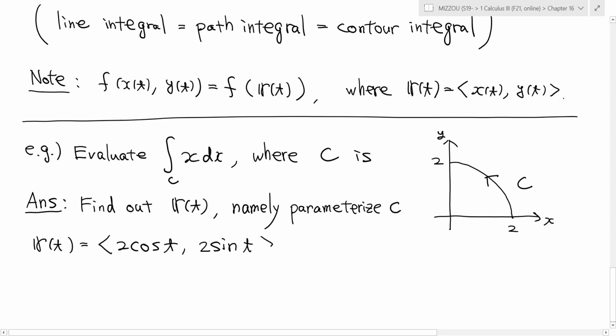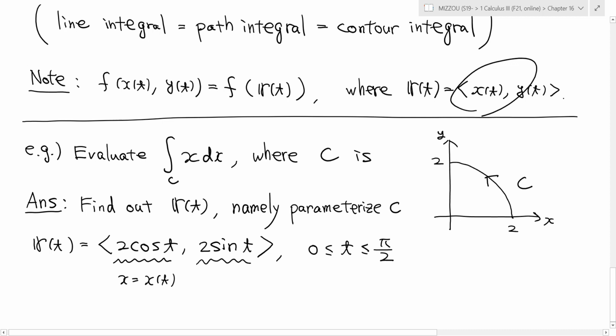Since we are looking at only this part of the circle, starting t is 0, and the ending t is pi over 2. So 2 cosine t is x of t, and 2 sine t is y of t.